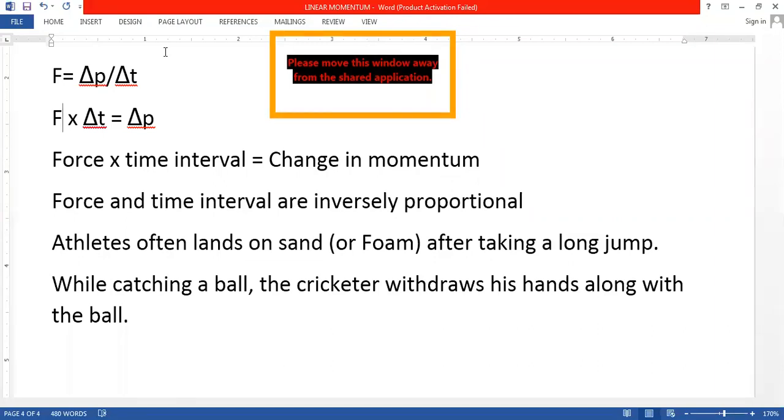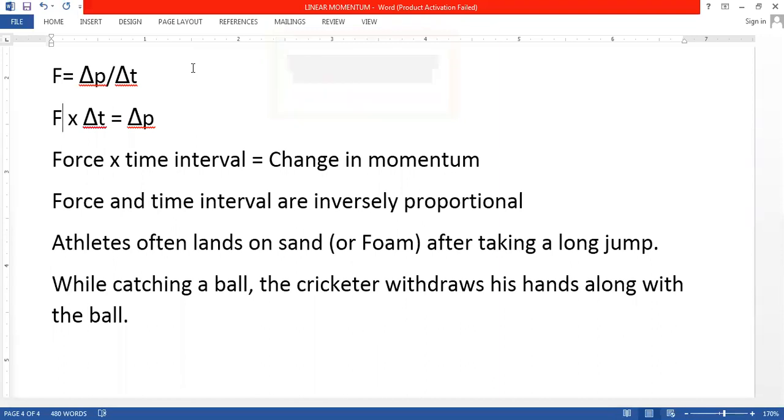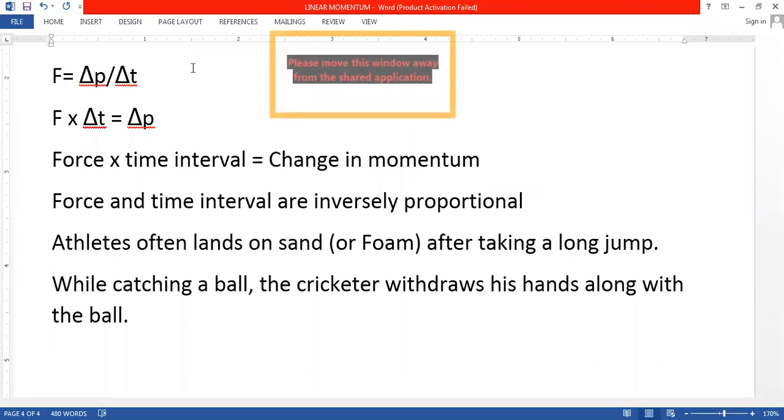By dropping it on a cushion or foam. When the glass hits the foam, it will sink into it, and as it sinks, the time interval increases, and that's why the force required will be less. And this less force is enough for the glass not to break.